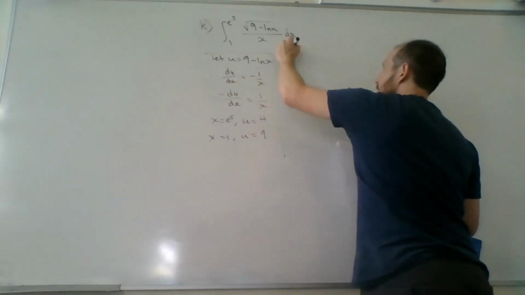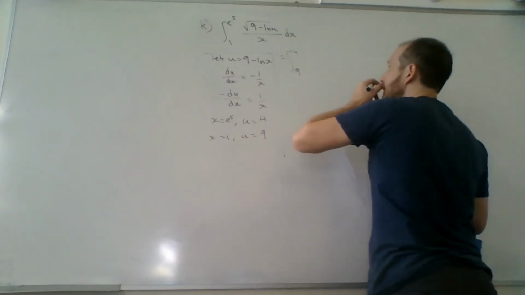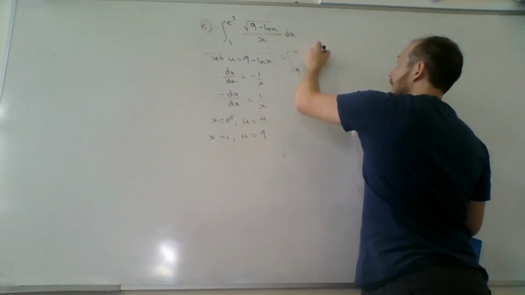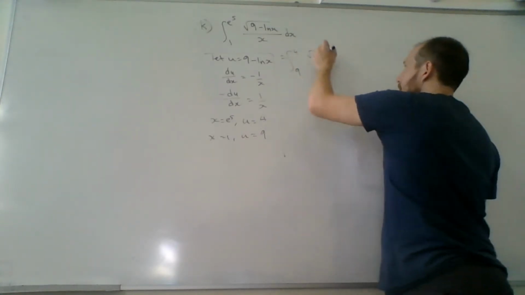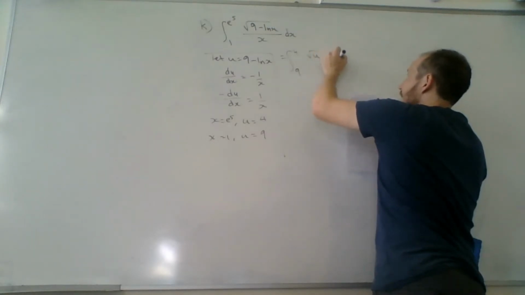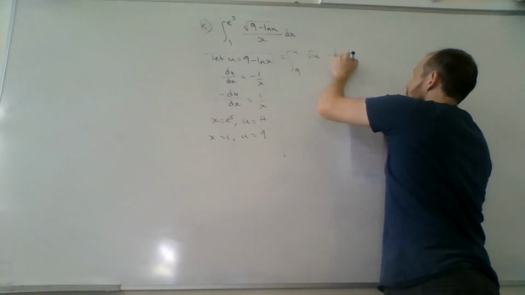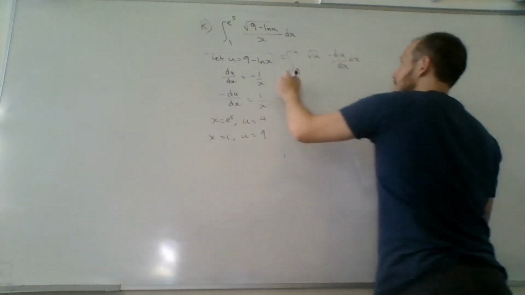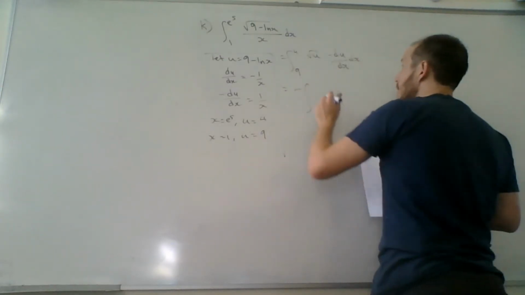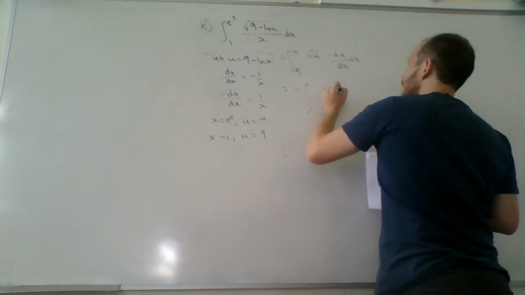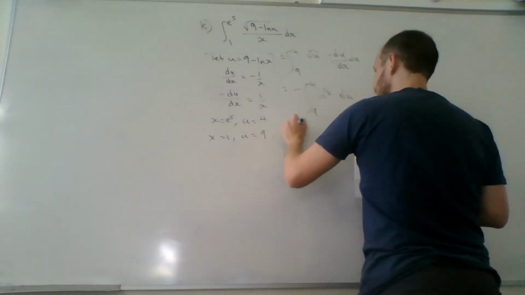So this is equal to the integral from 9 up to 4 of square root of u times by minus a half, minus du dx. So if we simplify this, integral of u to the half du from 9 up to 4.